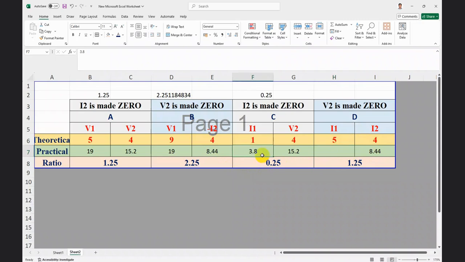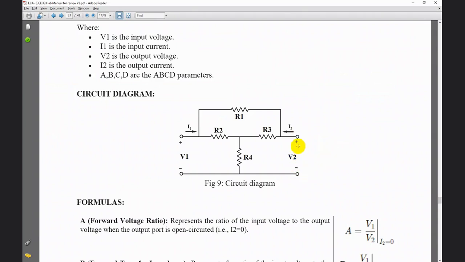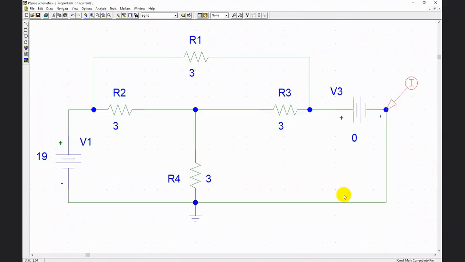Remember, this I1 is different, this I1 is different. Now how are they different? For this I1, the current I2 was made 0. It was open circuited at the second port here. Now for this I1, V2 is made 0, that means this has been short circuited. So the electric circuit has changed, thus the value of I1 will also be different.